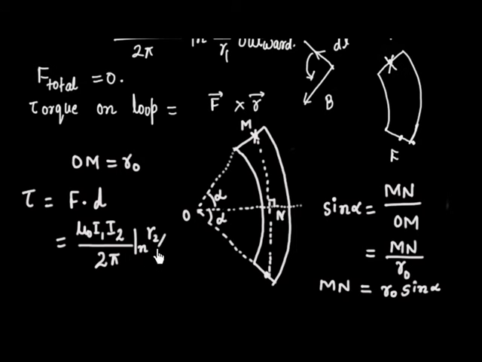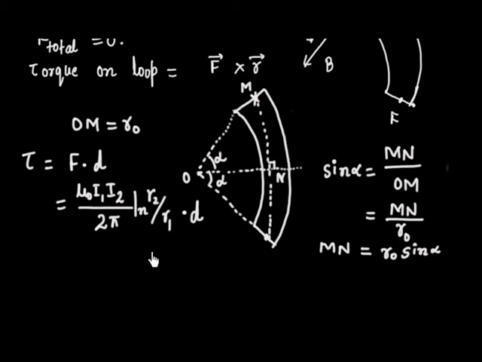So this is the force, and now this should be multiplied by distance. MN is basically R0 sine alpha. I need this distance MP. So MP is nothing but 2 times MN, and that is 2 R0 sine alpha.